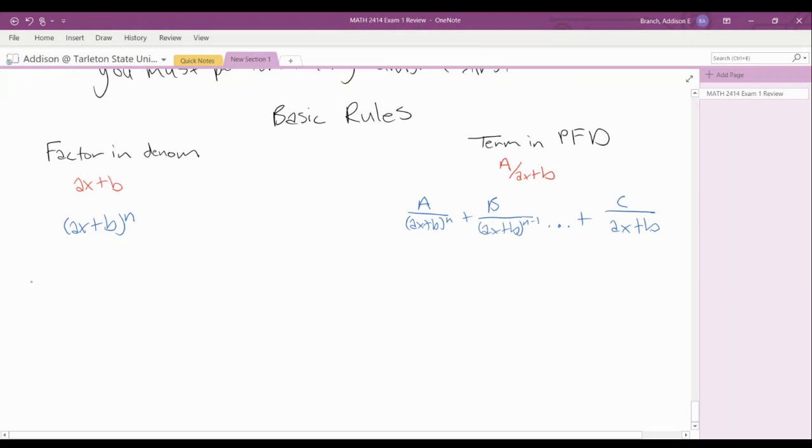If we have a quadratic factor, we have to take that quadratic into account. We're now at a higher power, so that would actually break down to ax plus b over ax squared plus bx plus c.